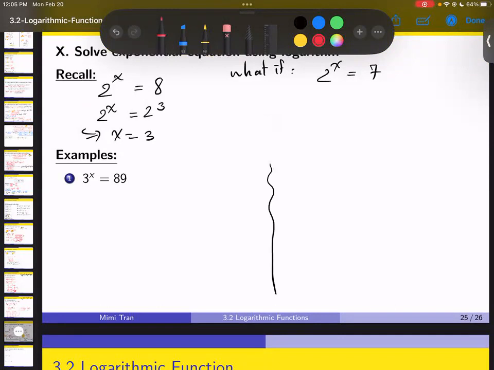I can take log base 10 of both sides. Remember, when you write log base 10, you don't have to write the base. Like that.